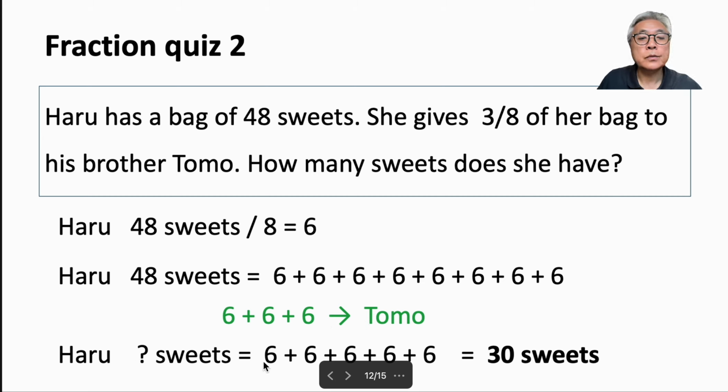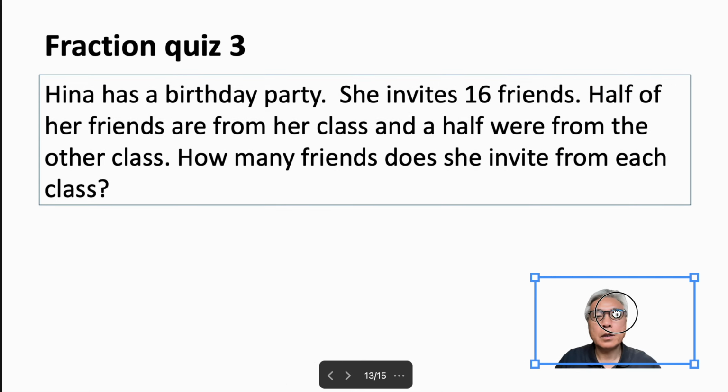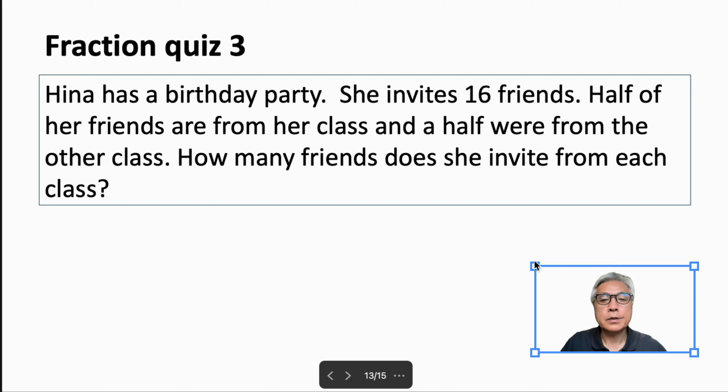So Haru has 5 sixes. It means 30. Haru has 30 sweets. Okay? Like this, I'd like you to try these math problems.